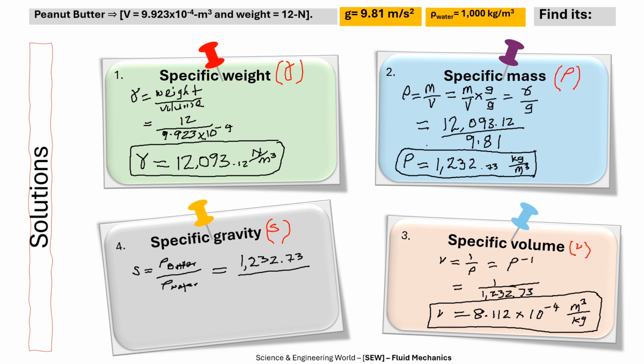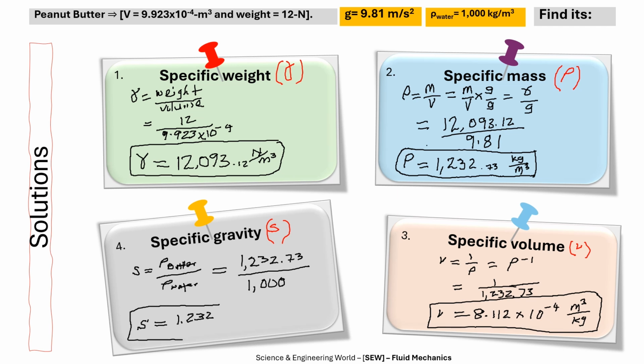So specific gravity of peanut butter is equal to 1.232, and like we said, because it's density over density, it has no unit or is dimensionless.